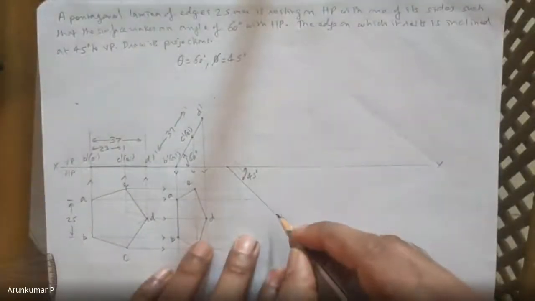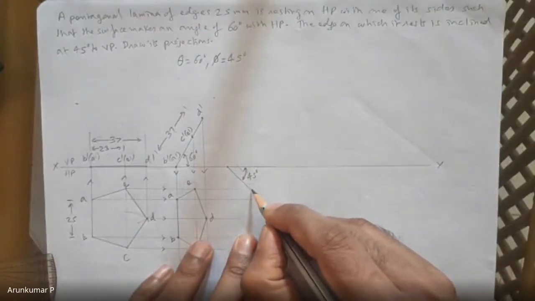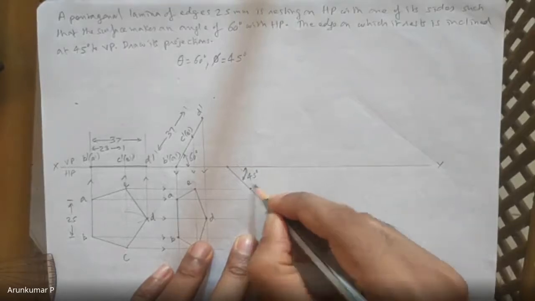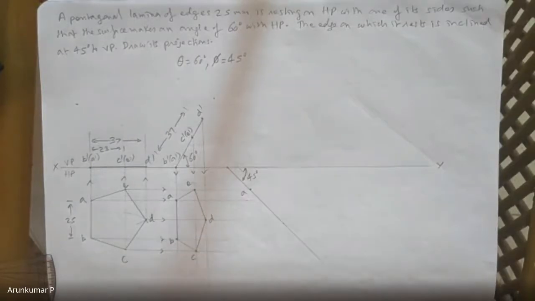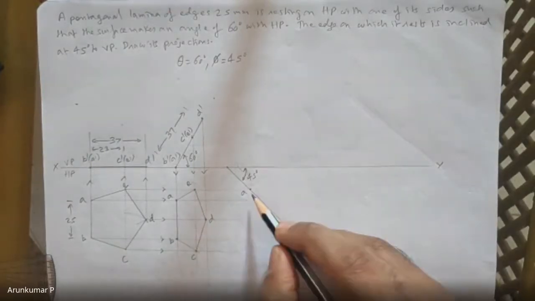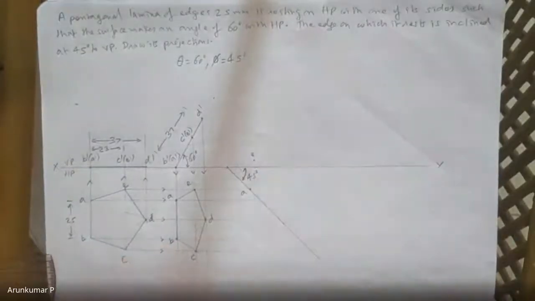But you should also ensure that you don't start with A like this. See what will happen if you put A here. I'll show you. Some students make these mistakes. They take A very near to XY line. Okay. Locating B will not be a problem because B is below. But just see what is going to happen to E. E may come somewhere here, above XY line, which is wrong.